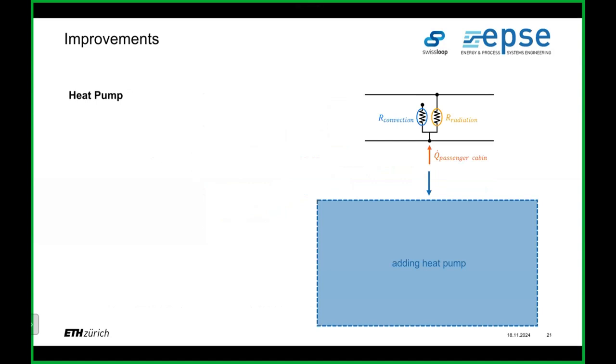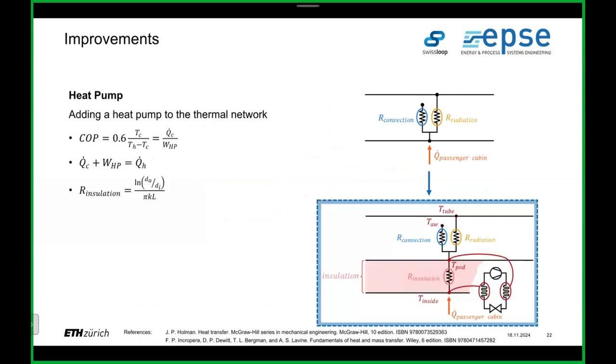This is the heat pump now. So the thermal network is changed here also. Here you have the heat pump, which is cooling the inside of the Hyperloop pod or the passenger cabin, and at the same time, it's heating up the pod surface.